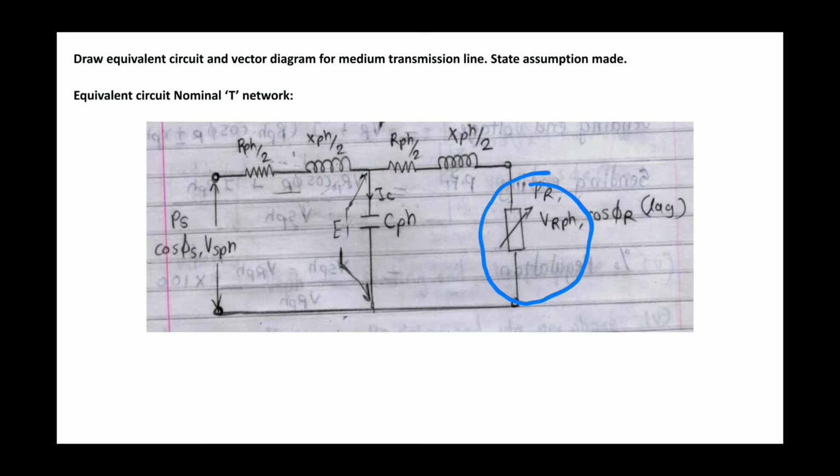Now in this nominal T method, the three parameters, namely R, XL and C, are shown in this diagram.